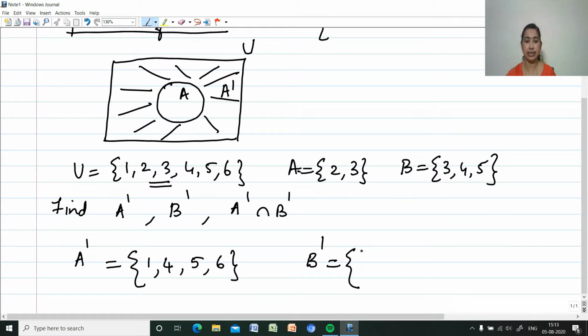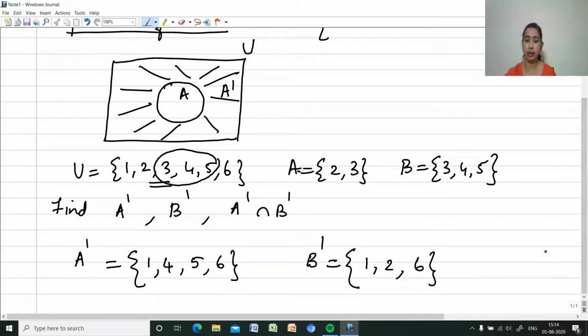So B complement consists of 1, 2 and 6, because the remaining elements 3, 4 and 5 are in B also. Elements of U means 1, 2, 3, 4, 5, 6, and out of these, 3, 4 and 5 are contained in B. So B complement is 1, 2, 6.